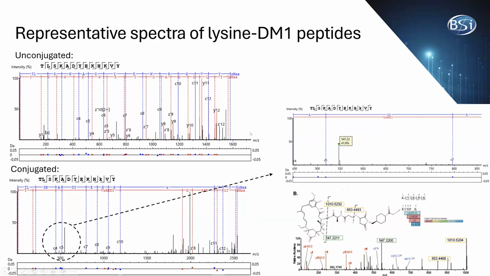And here's a representative MS2 spectra, showing both the unconjugated and conjugated forms of a peptide from the sample. And I just wanted to highlight how we can accurately localize that conjugation site from bottom-up data.